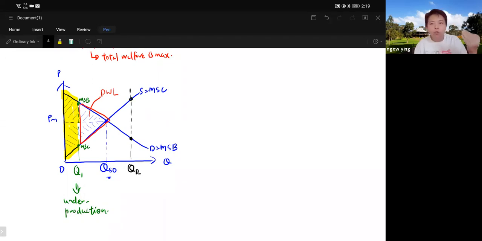So you will lead to a consumer surplus and producer surplus deficit, which means a negative consumer surplus and negative producer surplus, assuming the market price is still at PM. This is negative producer surplus, and this is negative consumer surplus, because consumers are only willing to pay this much, but they are asked to pay this much. Again, this part is also considered a deadweight loss.